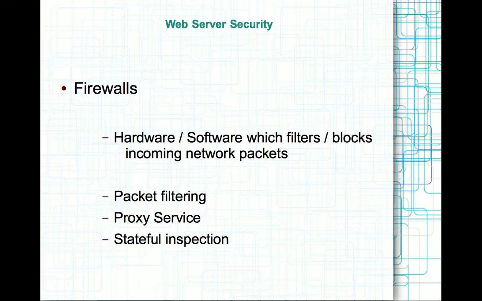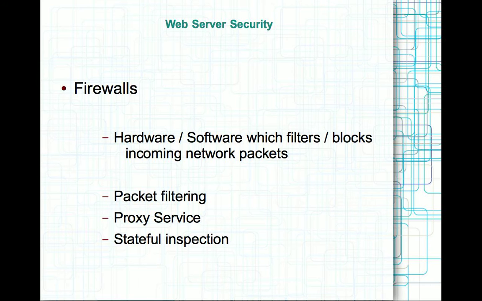Next, I want to have a look at firewalls. First, what is a firewall? A firewall is a hardware or software solution which filters or blocks incoming network packets based on security policies.